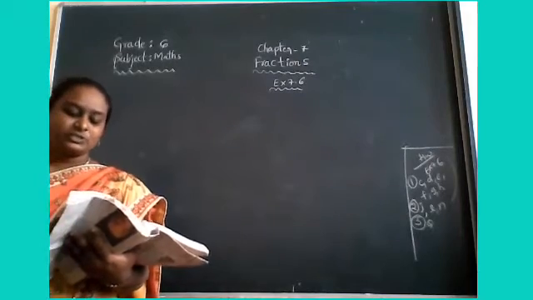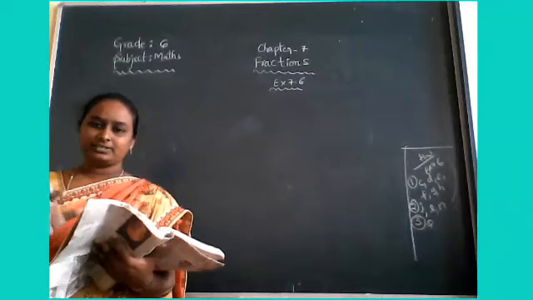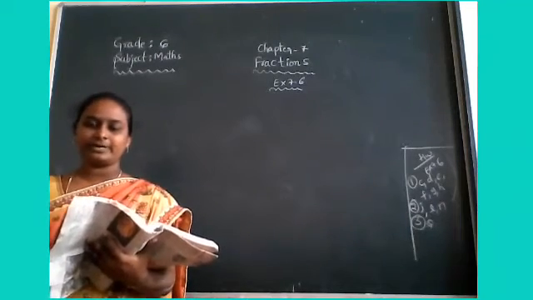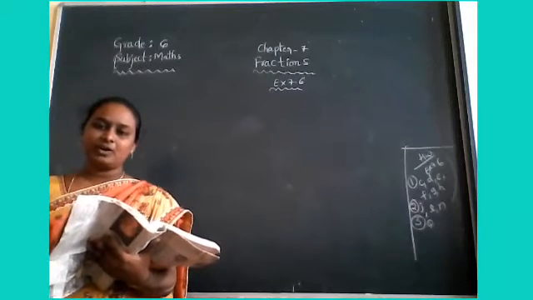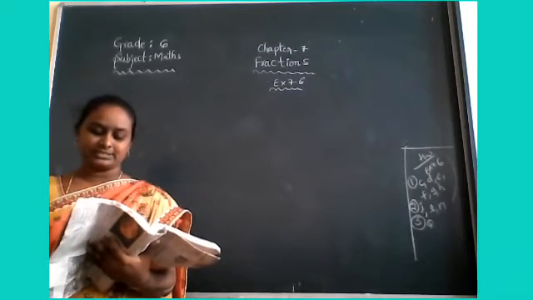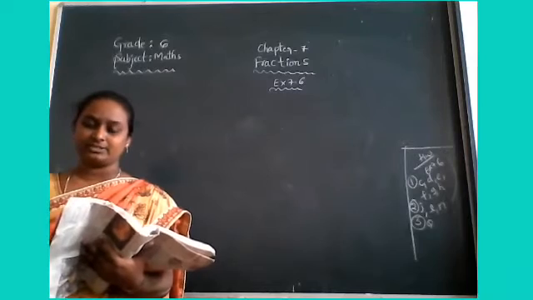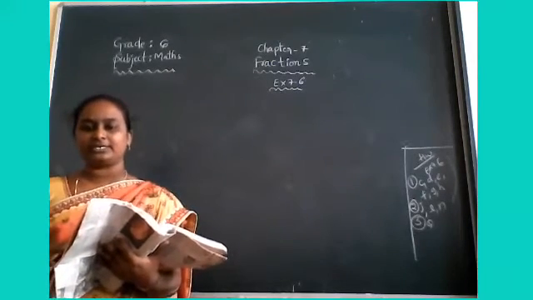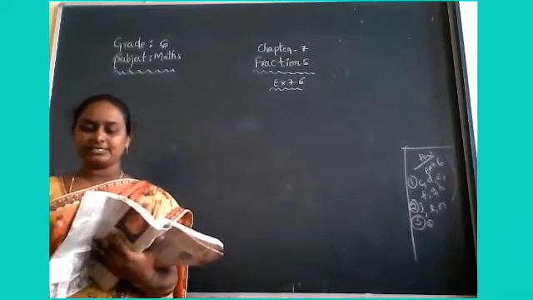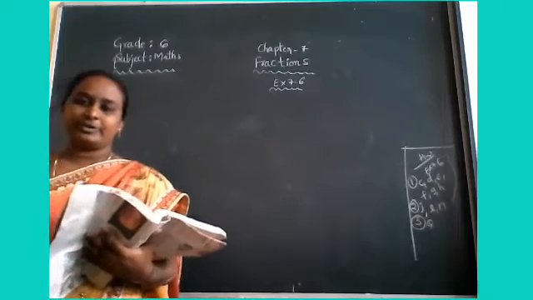First we have to write the total distance from house to school, 9 by 10 kilometers. Then how much distance she covered by bus? 1 by 2 kilometers. Here it is asked how far she walked, so you have to do the subtraction: total distance minus the distance she covered by the bus.